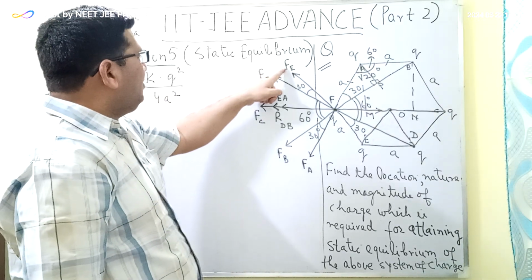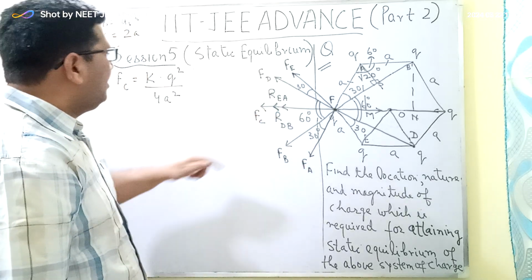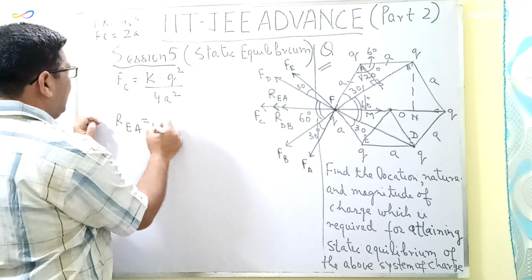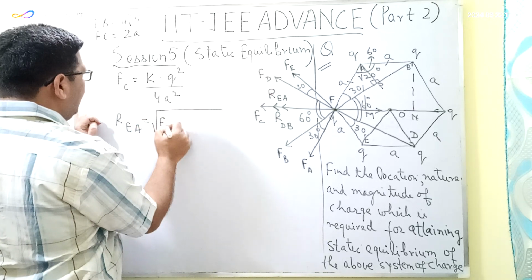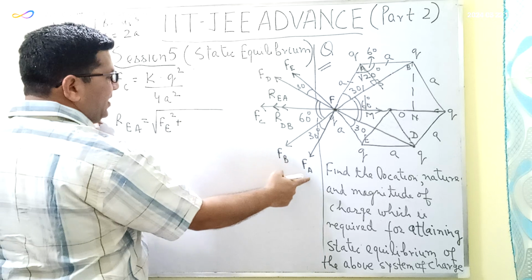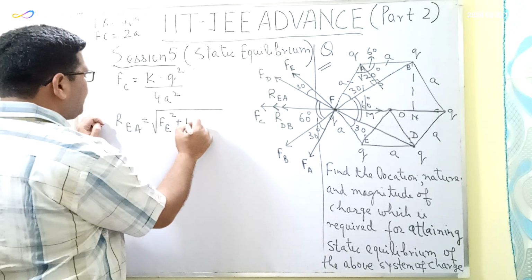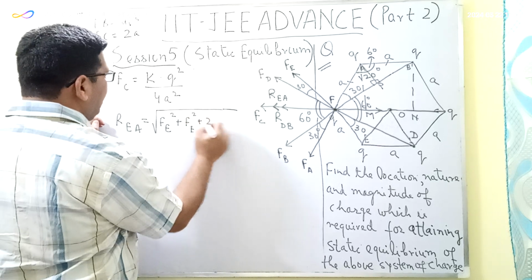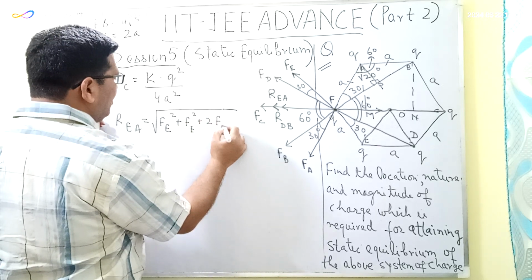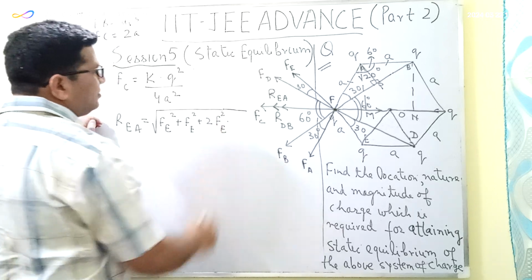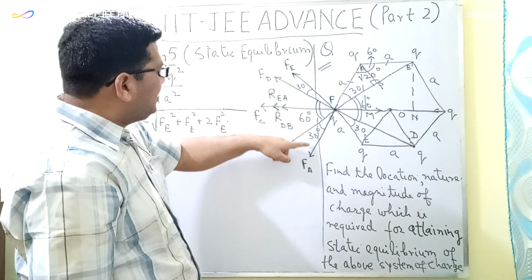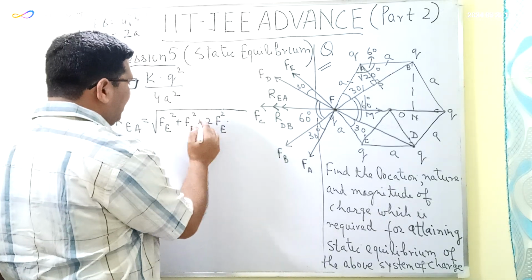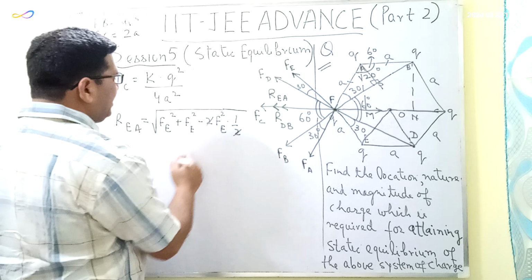Now the resultant of FE and FA is REA. So REA will be equal to the square root of FE square plus FA square plus 2 times FE into FA into cos 120, because FA and FE are equal, and this angle is 30, 30, 60, 60 and 60, so 120, and cos 120 is minus 1 by 2. So this will get cancelled out.